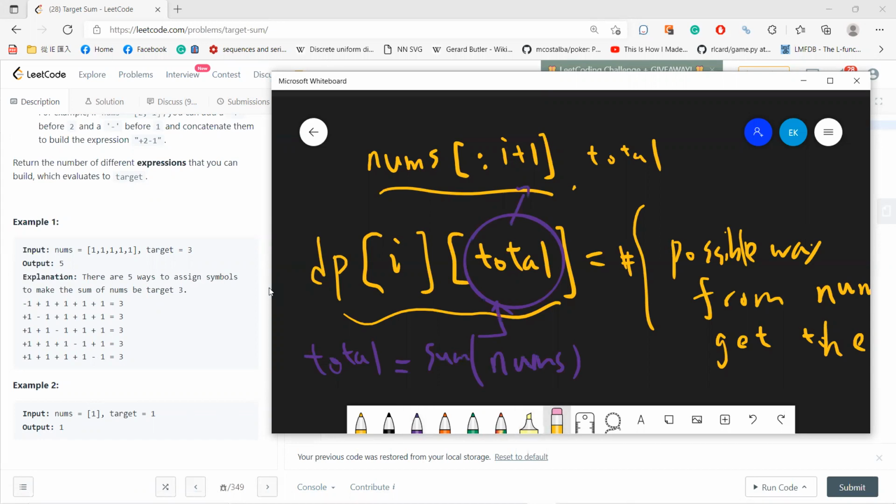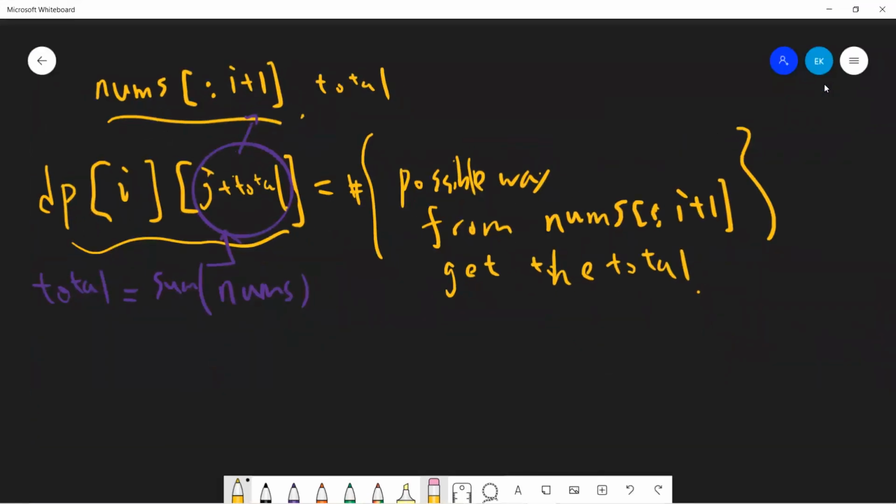Let me change the notation to j. So dp of I, j plus total is the number of possible ways to use the first I numbers of nums to get j. The index is j plus total just so that it's positive, because j can be negative.